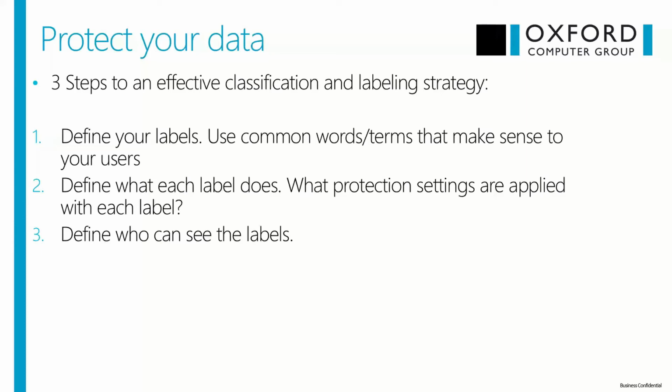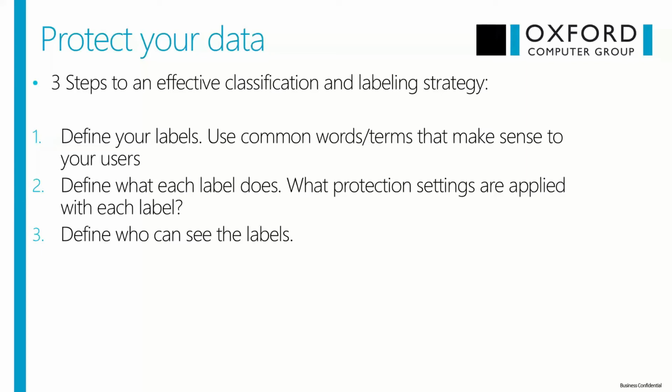We've seen some organizations adopt terms, words or phrases that may make sense to an HR team or a legal team, but would not make any sense to the users that actually have to see those labels and potentially apply those labels manually to that data. So first and foremost in setting up an effective classification and labeling strategy, use simple terms.